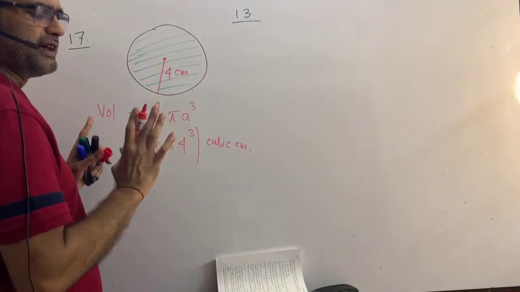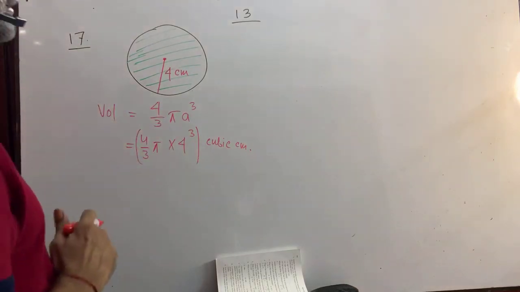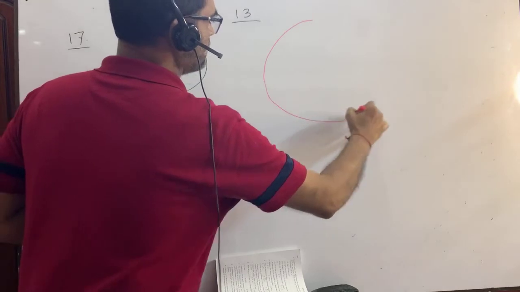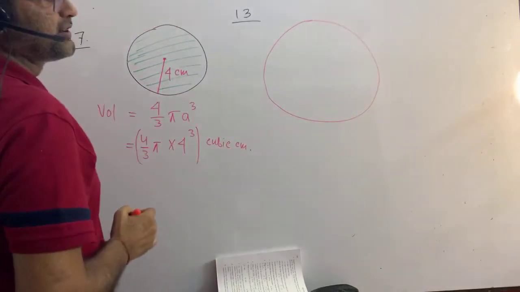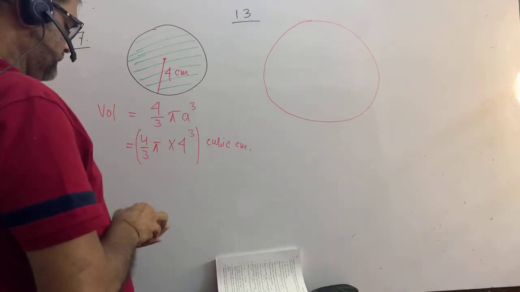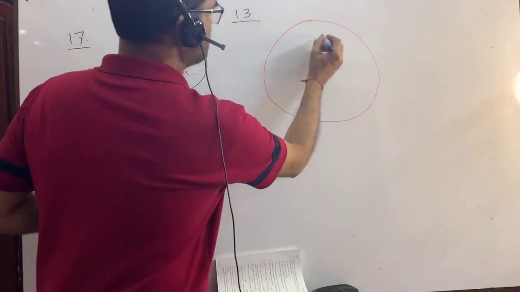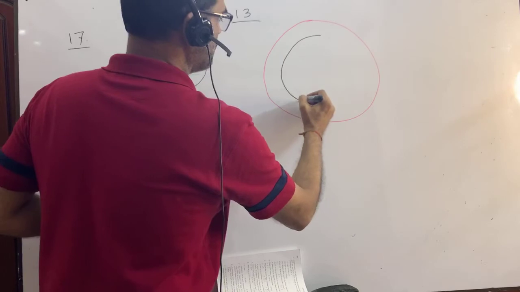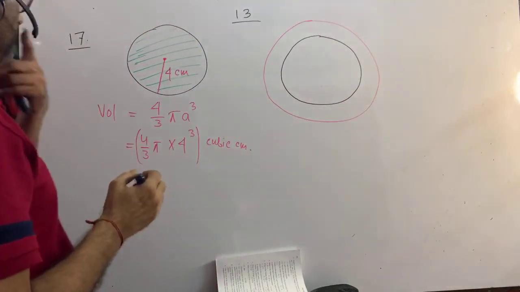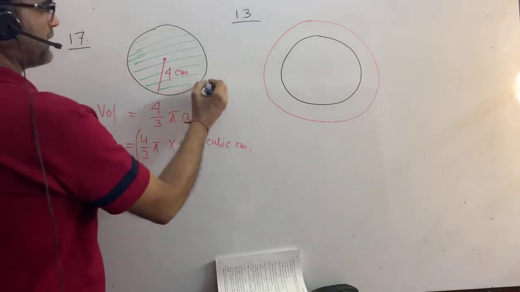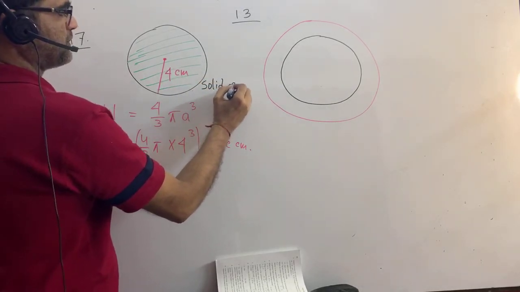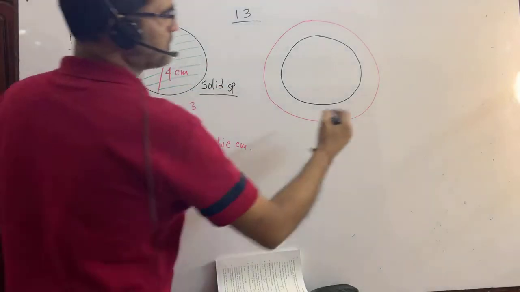Suppose it is made of iron, it will be melted. Then we will have a hollow sphere. What is a hollow sphere? That is, we have empty space, like this. This is a hollow sphere and this is a solid sphere.